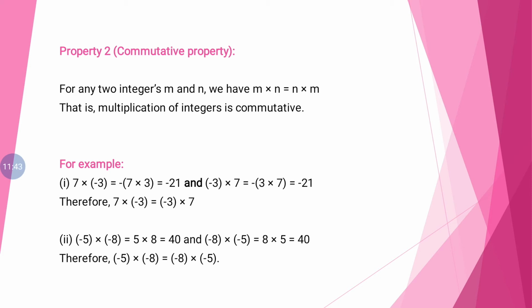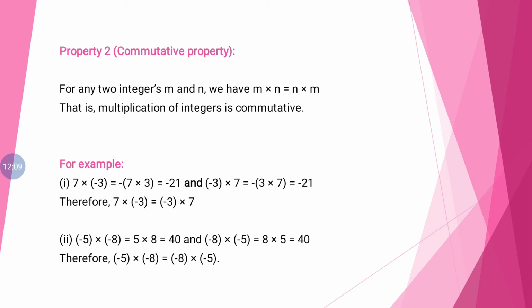For example, 7 3s are 21. The product of different signs is negative, so we get minus 21. For the right hand side, minus 3 into 7. The product of different signs is negative. 7 3s are 21, so minus 21. Both terms are equal, so left hand side and right hand side are equal.